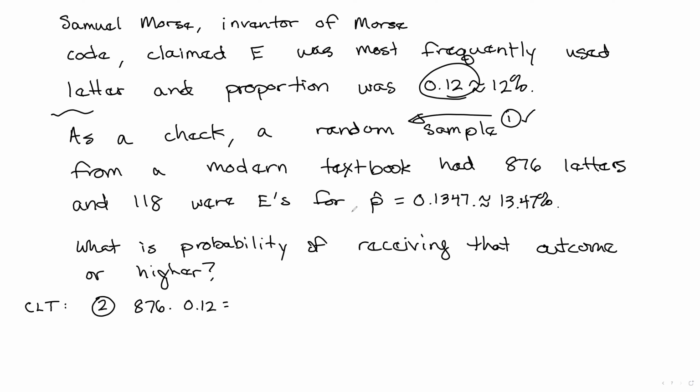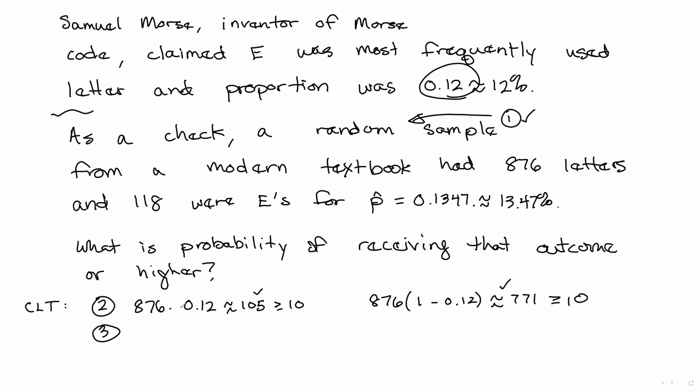Oh, here it is. 876 times 0.12 gives you about 105. That is greater than or equal to 10. So that checks. And then we have 876 times 1 minus 0.12, which is approximately 771. That is greater than or equal to 10. That checks. All right, so we have enough yeses and enough nos.